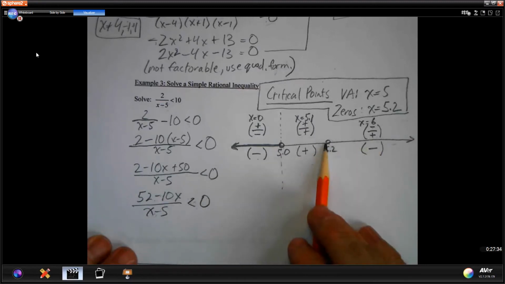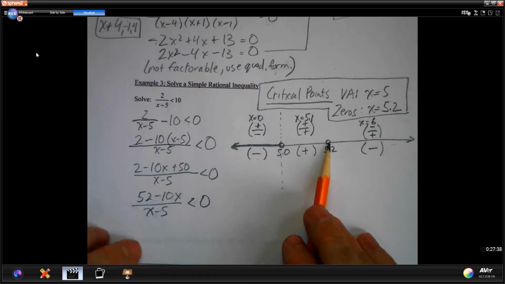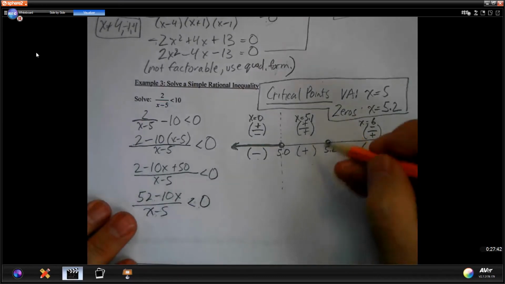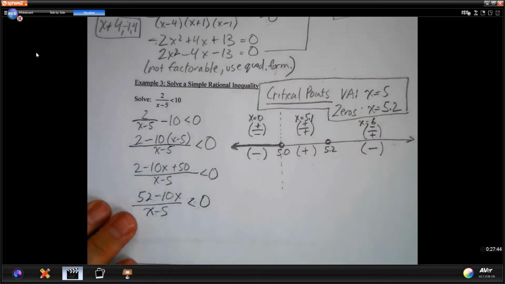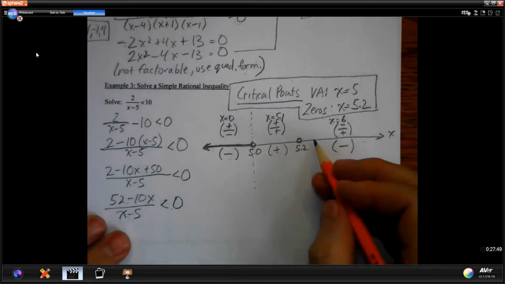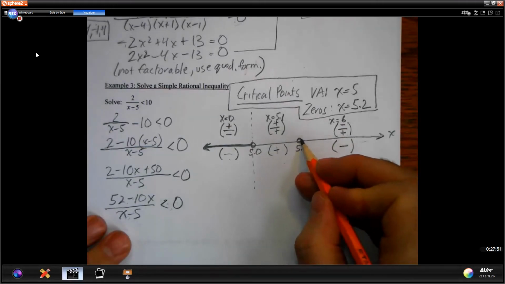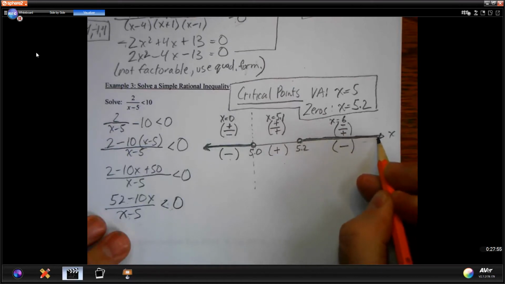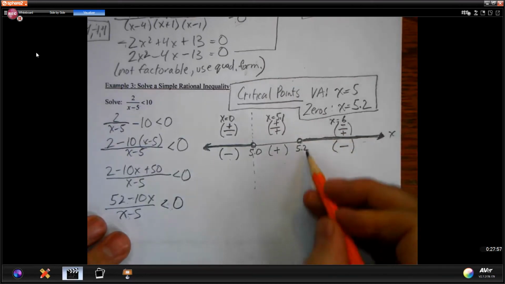And to the left of 5.2, well, remember 5.2 is a 0, but I don't want the zeros. I just want less than 0. So I put an open circle there. And then everything to the right of 5.2, everything greater than 5.2 is going to be negative. So I'll shade that in just for visual effect.